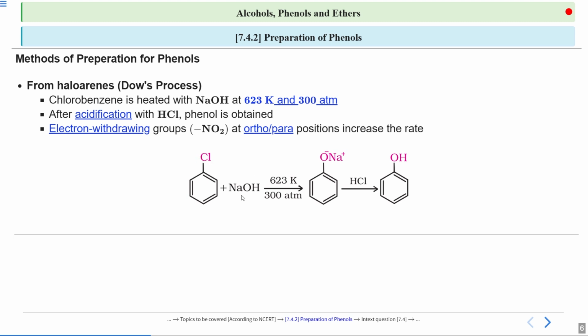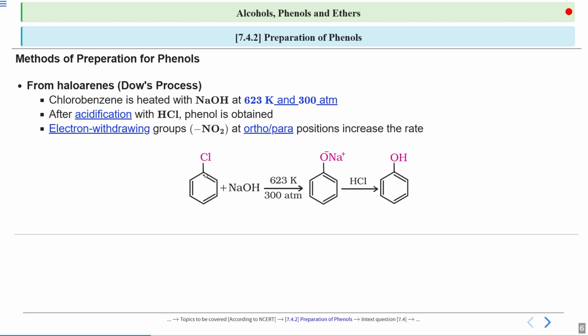Now we have ONa. So this is a nucleophilic substitution reaction. This ONa will act as a nucleophile because there is electron density present on this oxygen, and it can donate it to this carbon, because this carbon is now electron deficient. Why? Because chlorine left with the electrons.